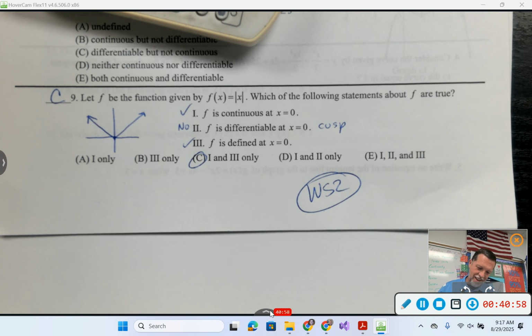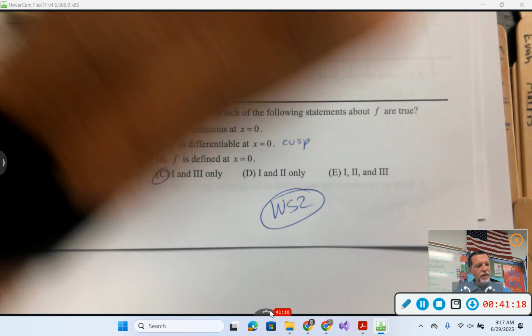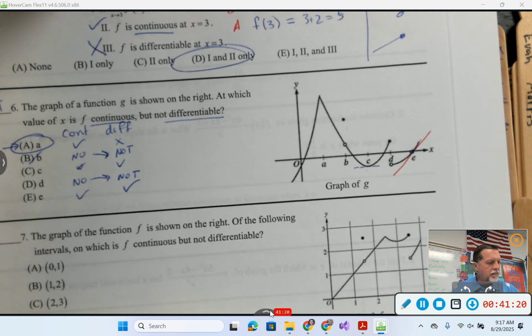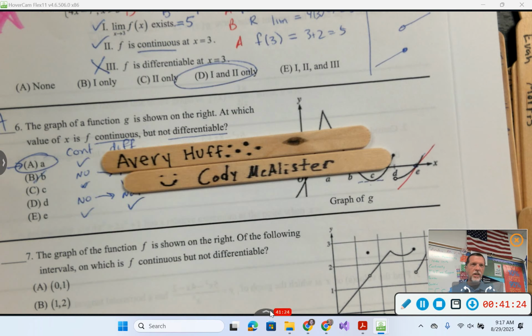Yeah. Braden? B-R-A-Y? No Y. Yeah. That's the other reason I like to do the popsicle sticks. Just find out who doesn't have one. And I take roll. Cody and Avery.